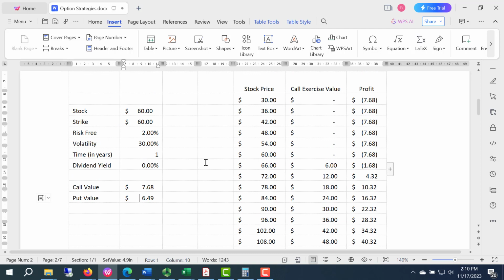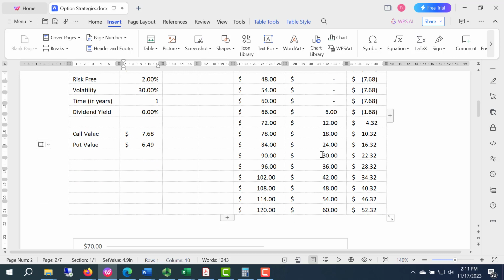And so we can see here, I've got a spreadsheet that shows us what the stock price is, what the exercise value of the call would be in these cases, and then the profit on a call option. Okay.